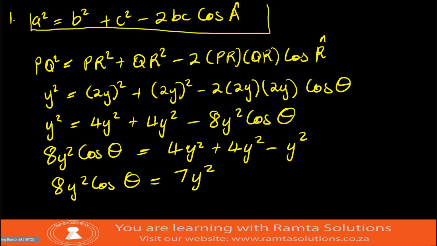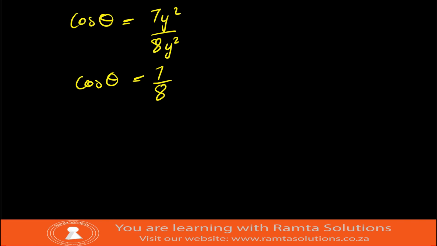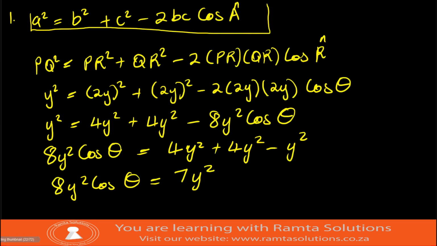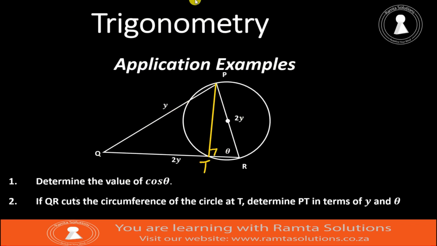So let's answer this number 2. I'm going to call it triangle PTR. So angle PTR is equal to 90 degrees, the reason being angle in a semicircle.